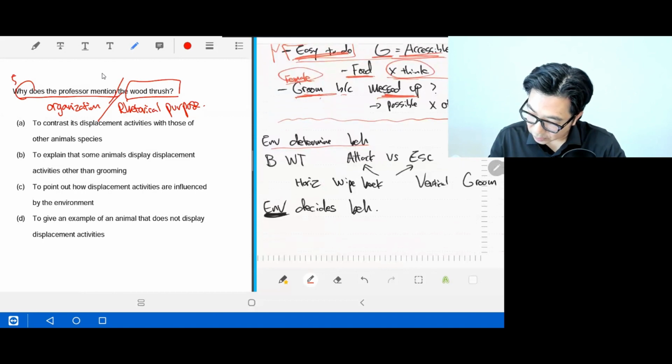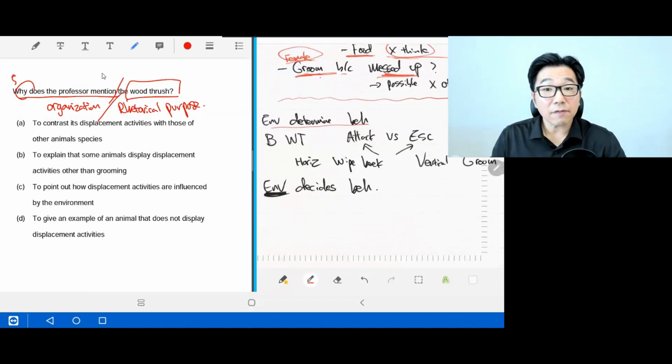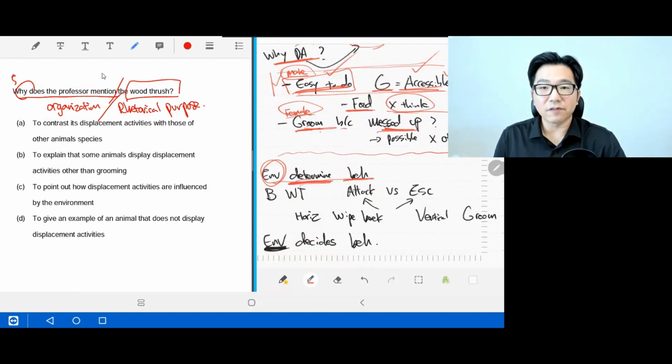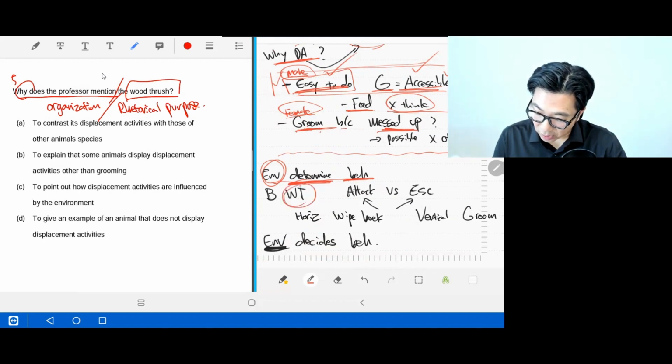So after the last question, professor moves on to the next paragraph by saying that sometimes environment influences, decides what kind of displacement activity animals do, right? And gives an example of wood thrush to explain this opinion.